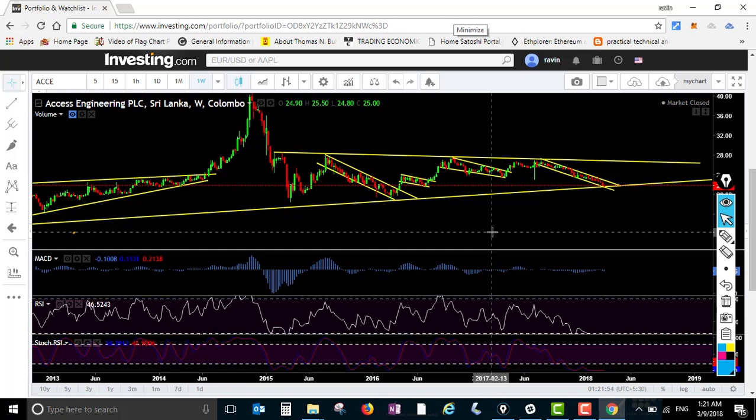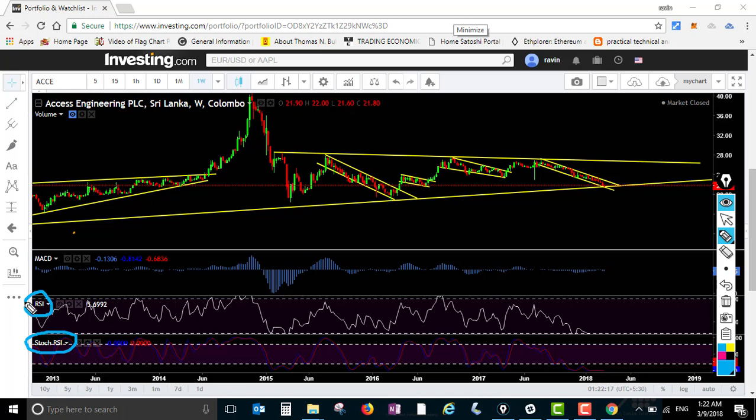You can use up to at least 4 indicators, but I am using 3 indicators which I am comfortable with. If you go beyond 4 indicators, you get confused and don't know where to take the trade. For example, I am using stochastic, RSI and MACD. These are the 3 indicators I am using.